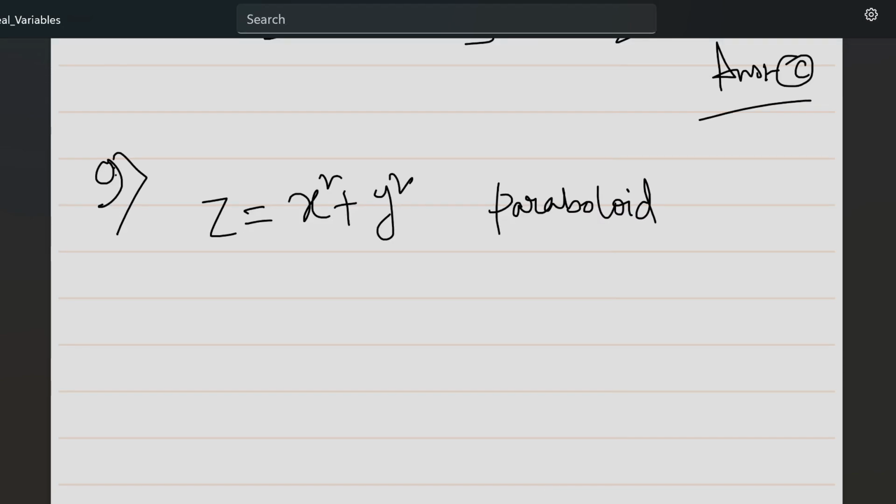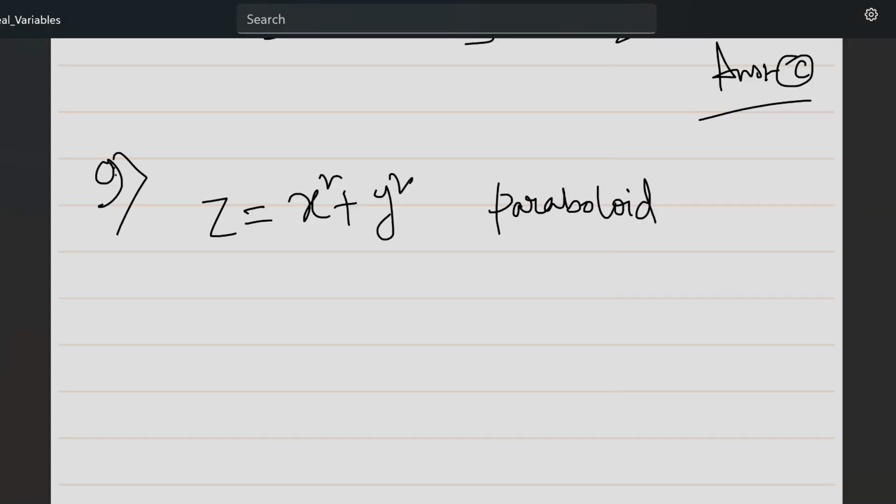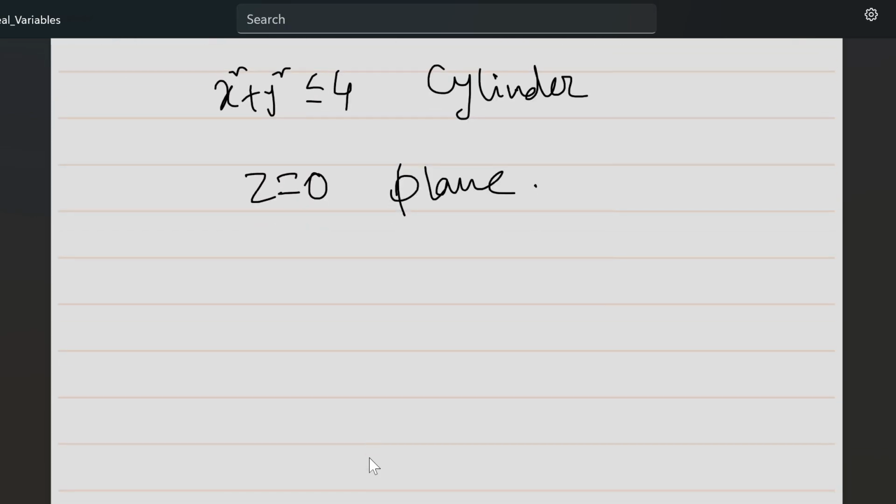Let me see the question again. Solid cylinder x square plus y square less than or equal to 4 between z equal to 0 and the paraboloid. So the cylinder is x square plus y square less than or equal to 4, between the paraboloid and z equal to 0. This is a plane.